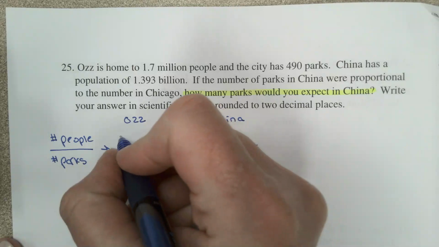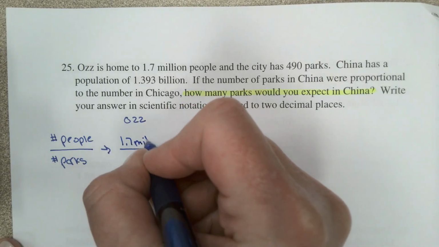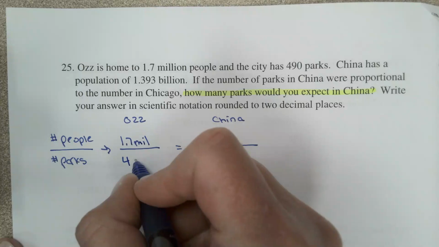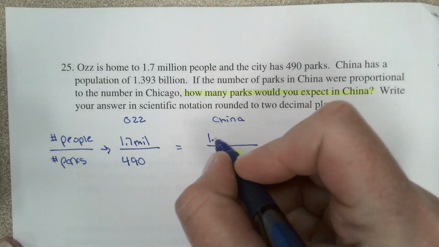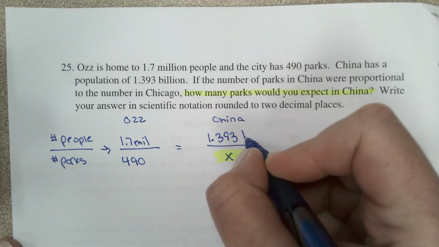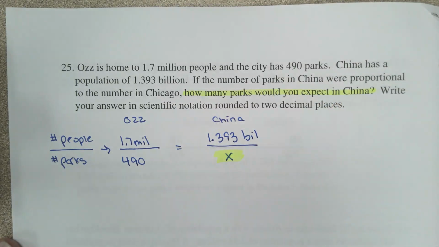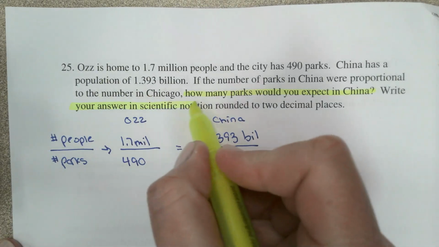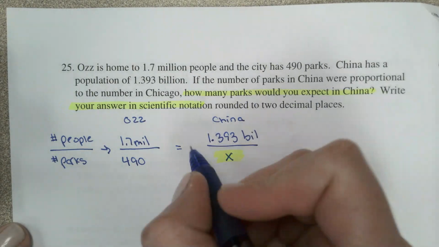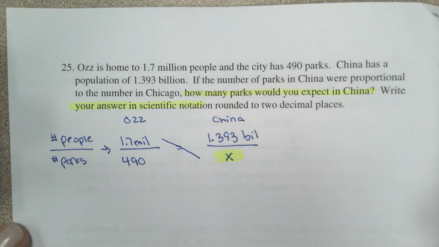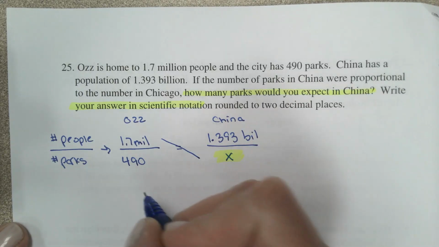Oz has 1.7 million people and 490 parks. And China has 1.393 billion. And I want my answer in scientific notation. All right, so when you have fraction equals fraction, I'm going to cross multiply.